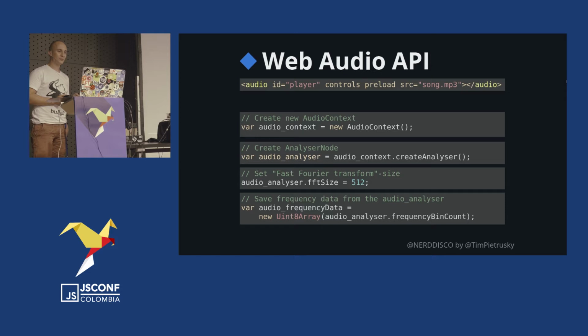Then you create an array, which you can use to save the frequency data from the analyzer. As you can see, I'm using the frequency bin count, and this is half the size of the FFT size. So if I specify an FFT size of 512, I have an array of 256 values.